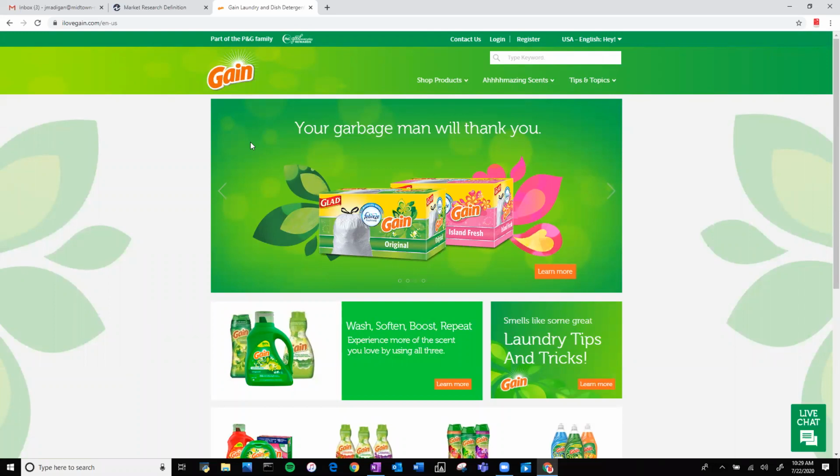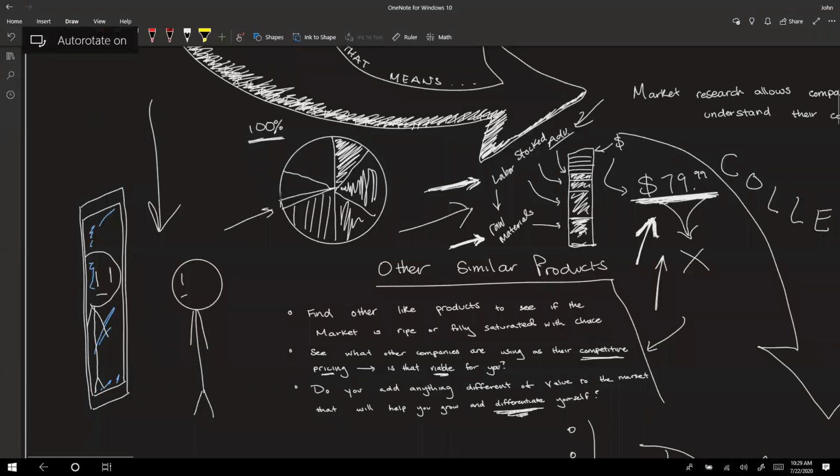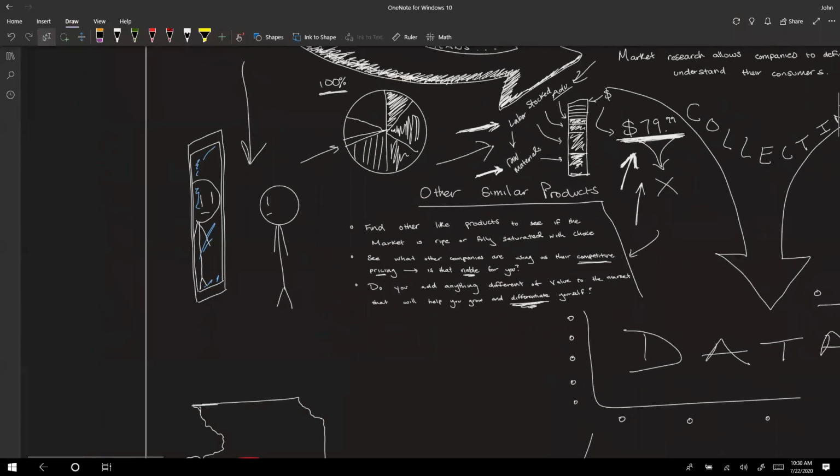So you're going to have good smelling laundry, and all bad smells go away if you use Gain. They're pushing for scent, whereas Tide is pushing for cleanliness. And that's how they're differentiating themselves from each other, by pushing into different market demands and different market areas.